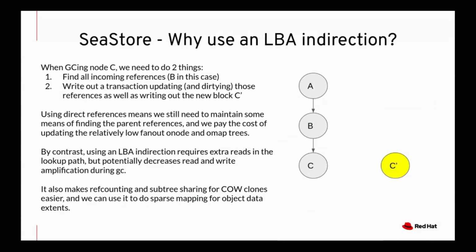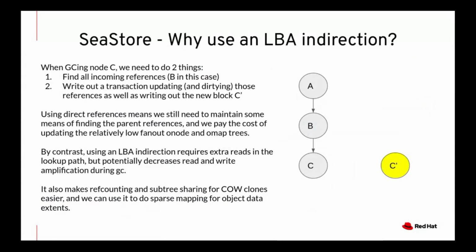And we pay the cost of updating the relatively low fan-out onode and OMAP trees, since the keys in those trees are relatively large. By contrast, using an LBA indirection does require extra reads in the lookup path, but they're cacheable, and it potentially decreases read and write amplification during garbage collection, or indeed during tiering operations where we're moving blocks between tiers.